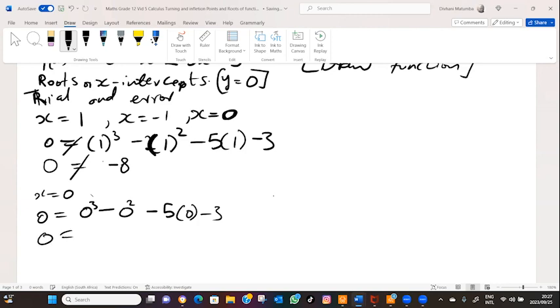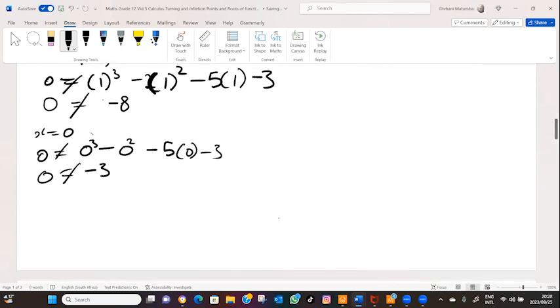And 0 can be equal to minus 3. It can be. All right. Let's try x equals minus 1 and see what we're gonna get. Who knows? Maybe this will work out.